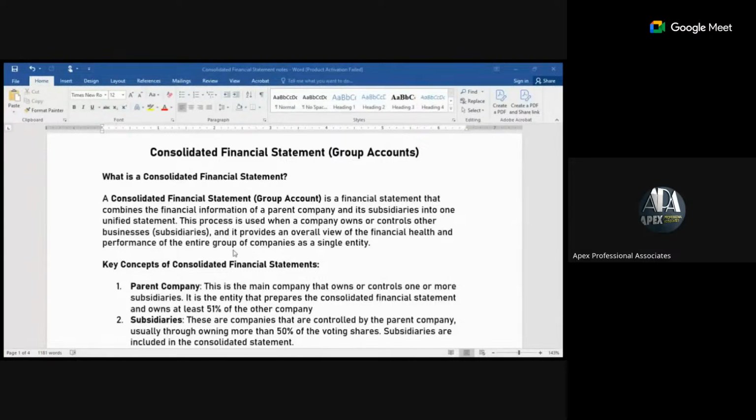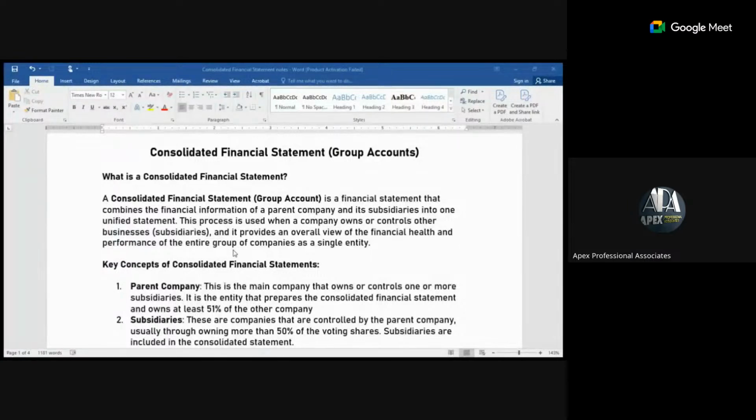So we said that a consolidated account is a financial statement that combines the financial information of a parent. So I tried to explain what a parent is. A parent is any company that owns more than 50% of another company. So if company A owns 51% of company B, company A is a parent to company B. That's how it is. Now there are thresholds. So we could have an investment in a company.